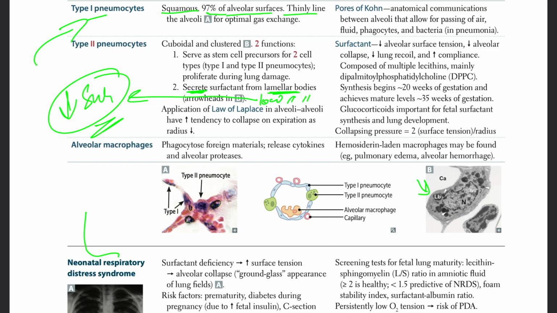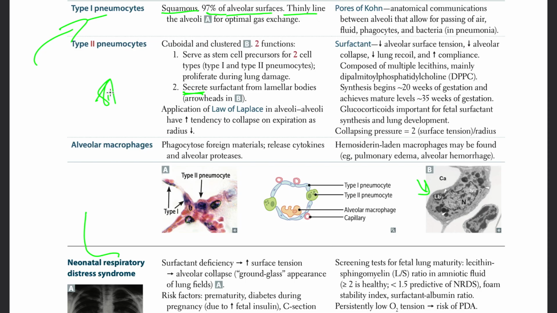That's one thing. Now, these cells not only secrete surfactant, they also store it in the lamellar bodies. Another thing they might ask you is how these look on electron microscopy.